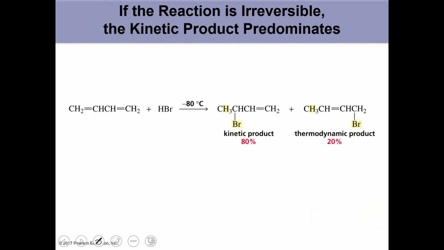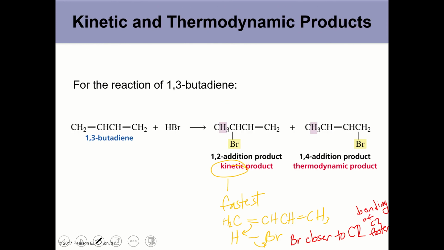Okay, then what about the 1,4 product? The 1,4 product is the more stable final product because it is the more stable position for the double bond. It's disubstituted.